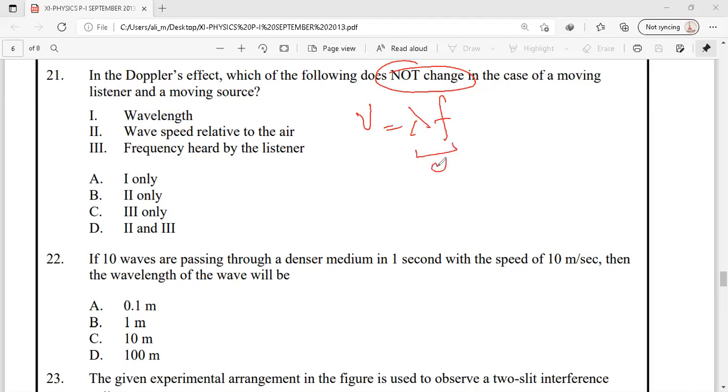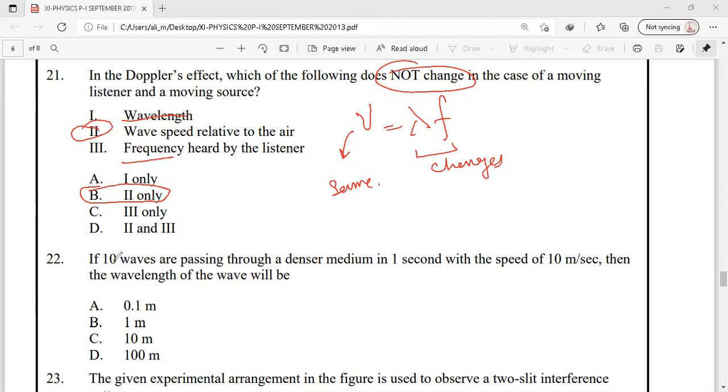These are the characteristics that change in the Doppler effect while speed remains the same. The speed of the sound waves remains the same. The frequency changes, the wavelength changes, and the speed relative to the observer and source is changing, but the speed relative to air remains the same. So 2 only, that is option B, is the right answer.